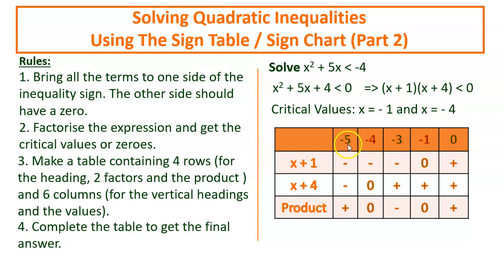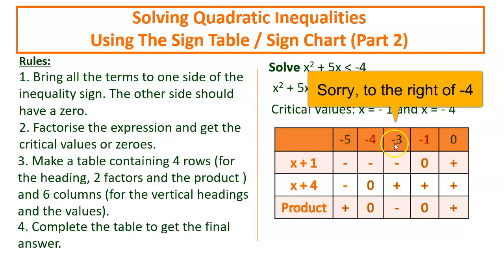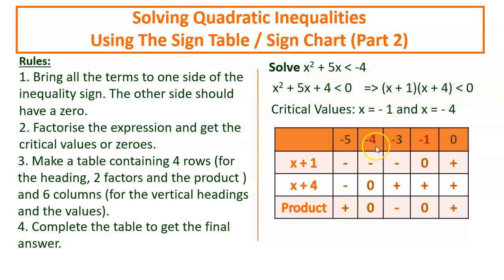The value to the left will be less than the respective zero or critical value, and the value to the right will be more than the critical value. -5 is less than -4, but -3 is greater than -4. Because -3 is to the right of -4, it should be a number which is greater than -4.